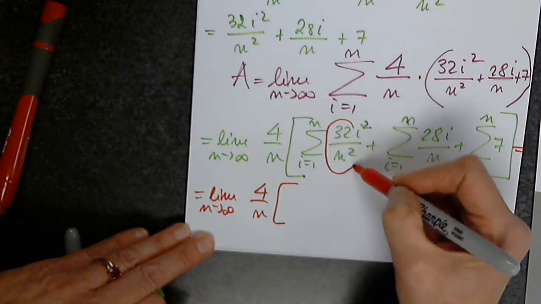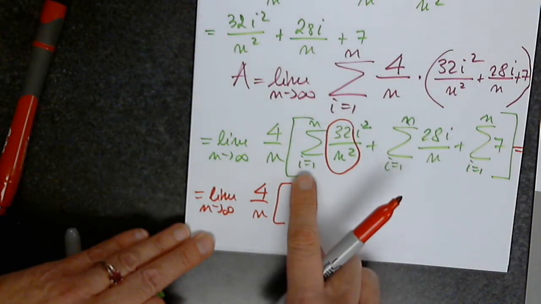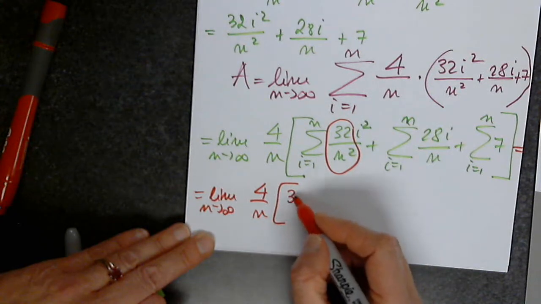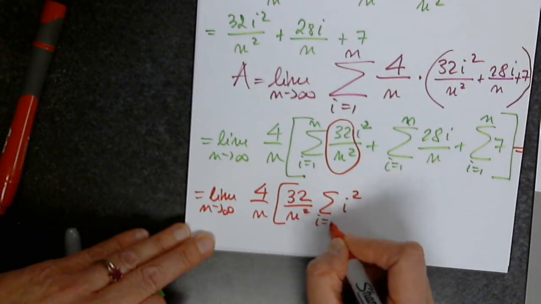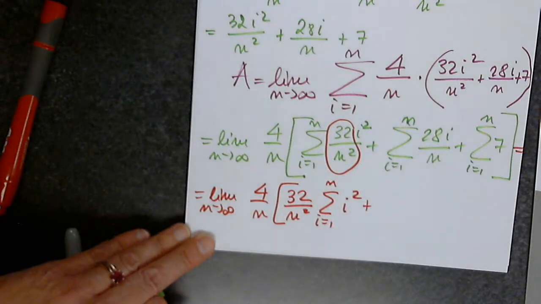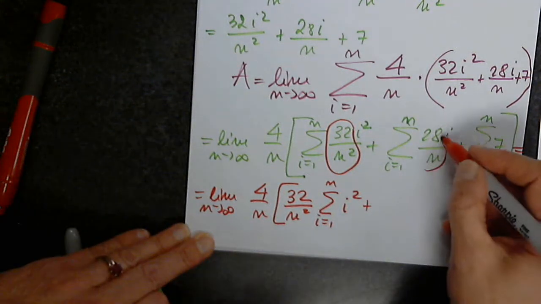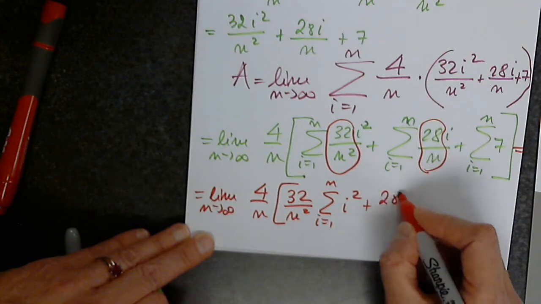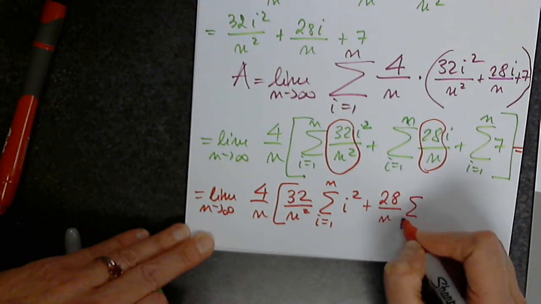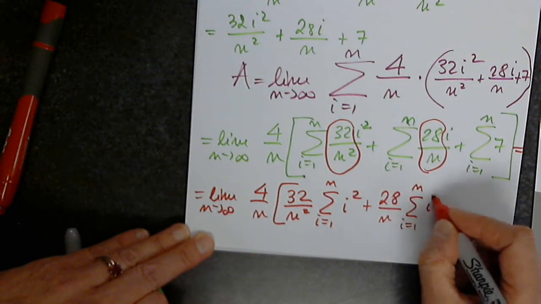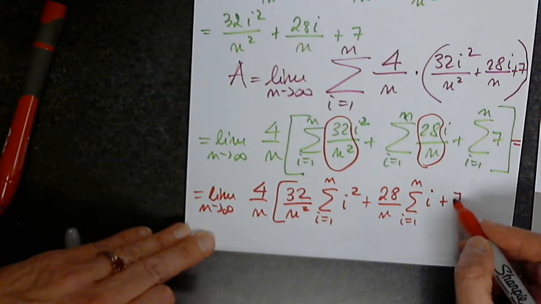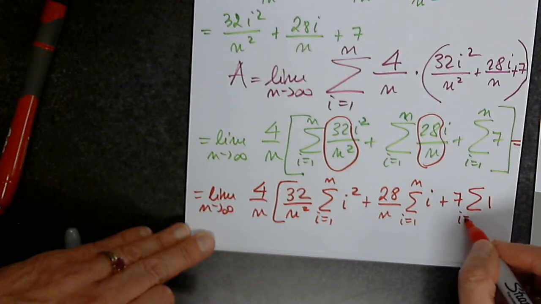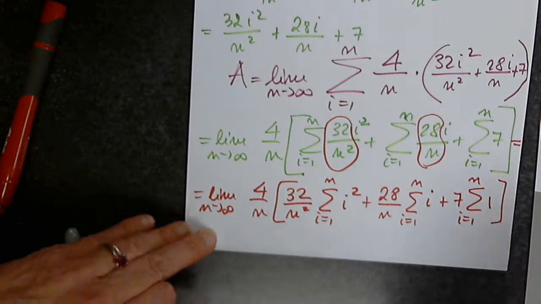So this is a constant, does not depend on I, will go in front. 32 over n squared, the sum of I squared, from I equals 1 through n, plus. This is a factor, goes out in front of the summation notation, from I equals 1 through n of I, plus. This goes in front as a factor, 7, the sum of 1 from I equals 1 through n.